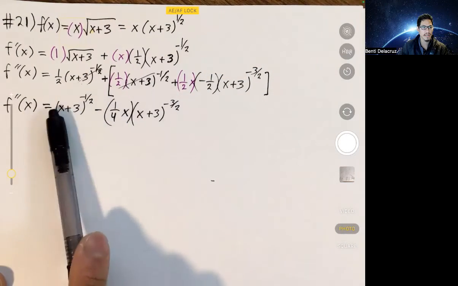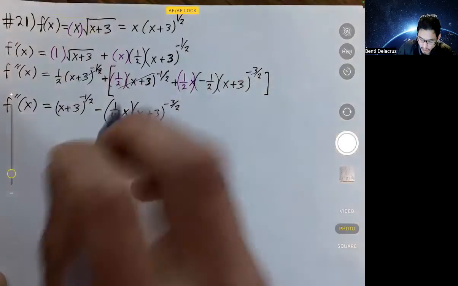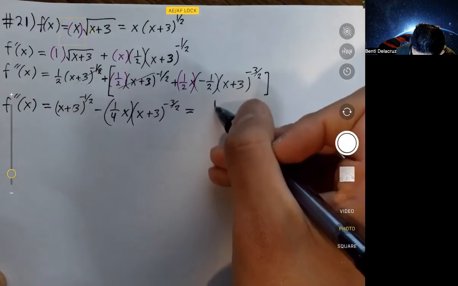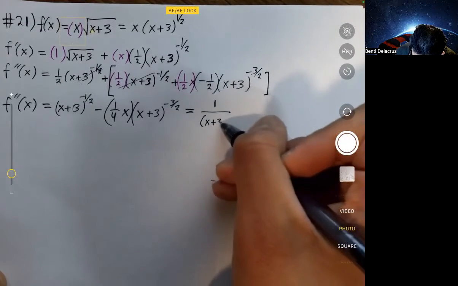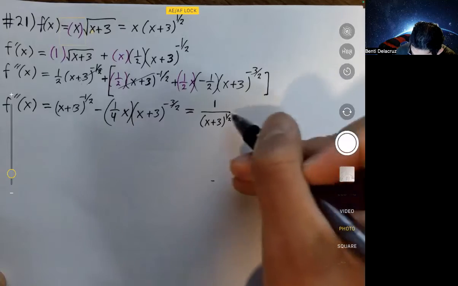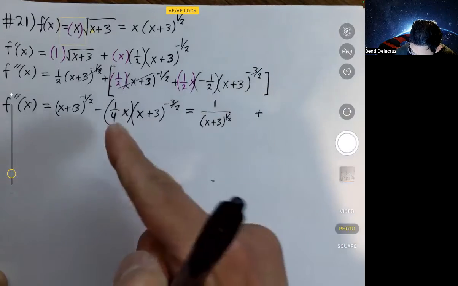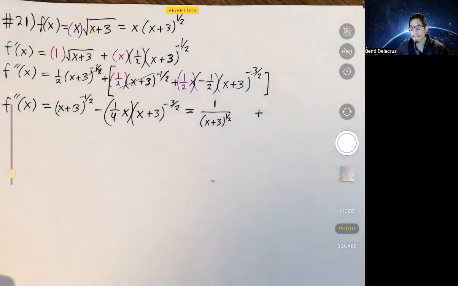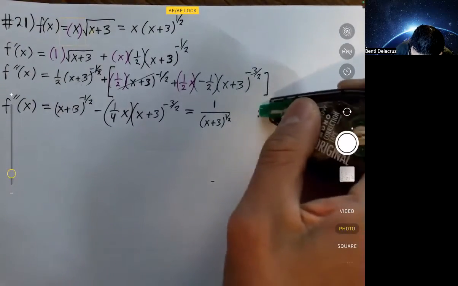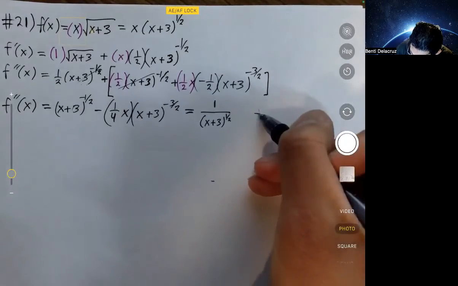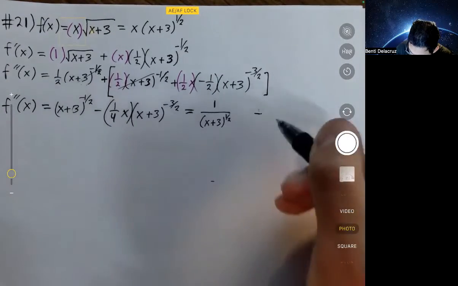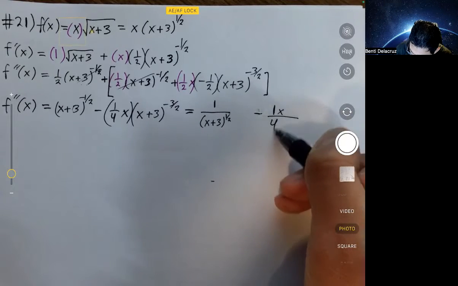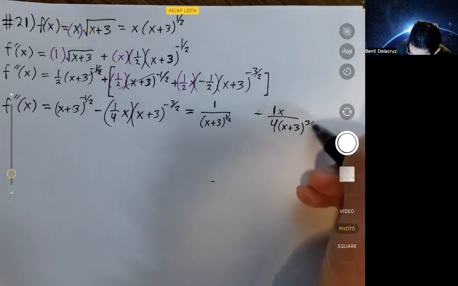Now we want to combine these, so we're going to make them have the same denominators. Let me write them as a fraction. So this is the same as 1 over x plus 3 to the 1/2. I'm going to leave some space between them so I can show you what I'm going to do. Minus 1/4 x, so x on top over 4 times x plus 3 to the 3/2 in the denominator.